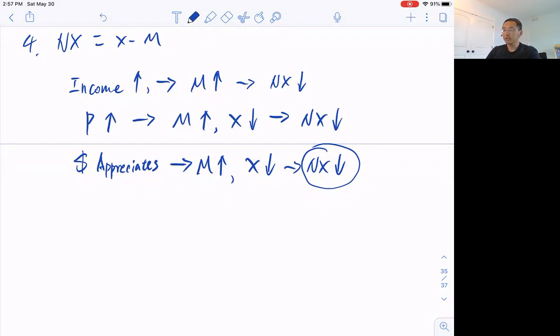Now, the last thing I want to cover is the spending multiplier. Your book also spends quite some time on the income and expenditure model, also called the Keynesian cross. That's the graph with a 45-degree line.